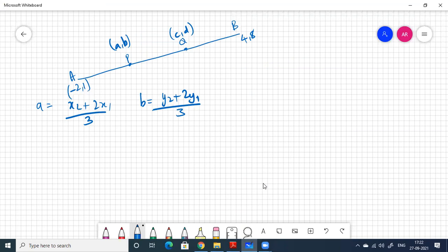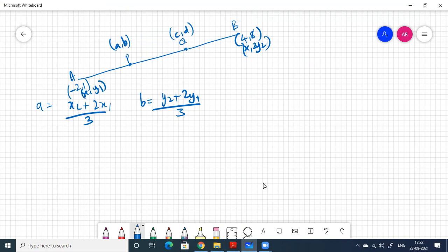So here A and B, C and D, all of that you actually have to find out. A is equal to (x2 plus 2x1) by 3. First you are taking x2, y2. This is x2, y2, and this is x1, y1.